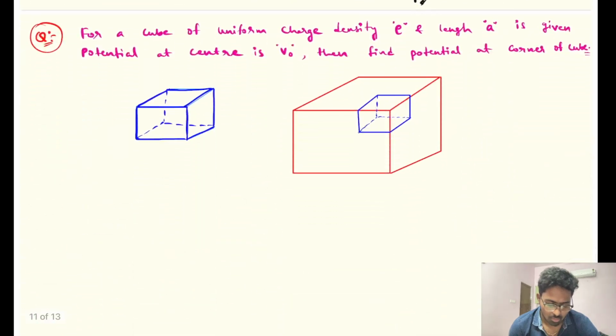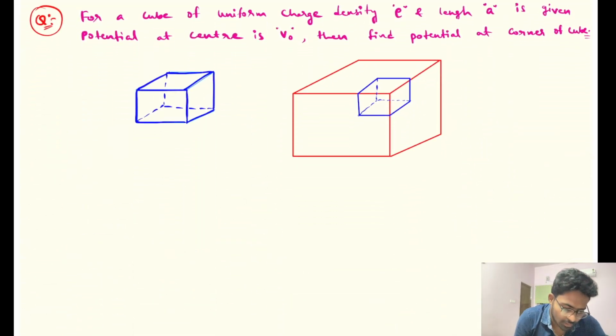So what is the question? They were telling that for a cube of uniform density rho and side length a, the potential at the center is given as V naught.